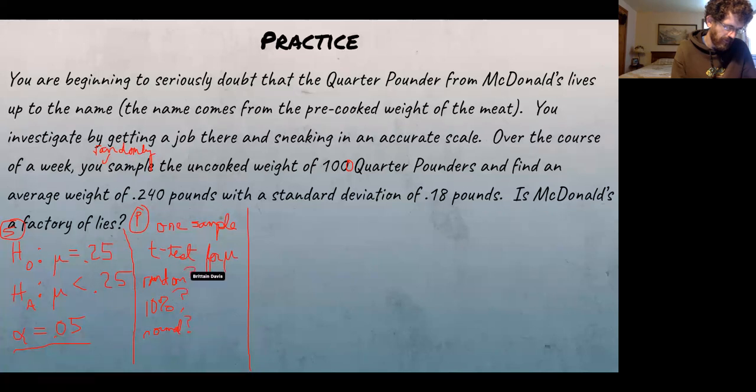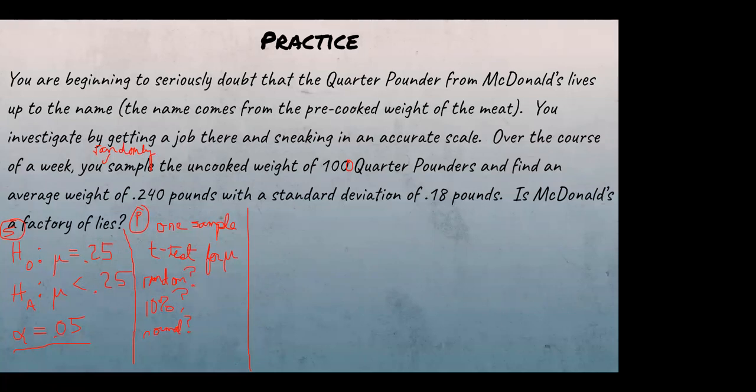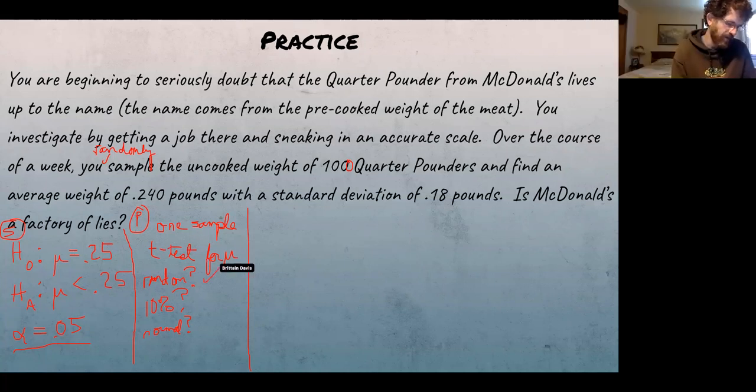All right. Is it random? Yes, it is. You'll notice that it very clearly says random right here. And it wasn't just haphazardly inserted in there to meet the condition. All right, 10%, do we meet that?